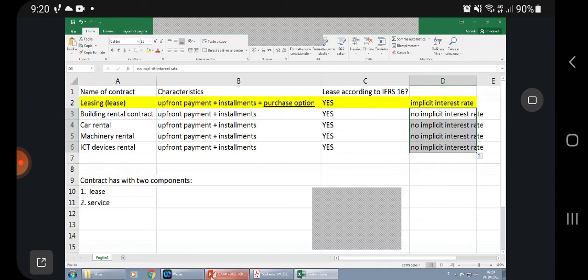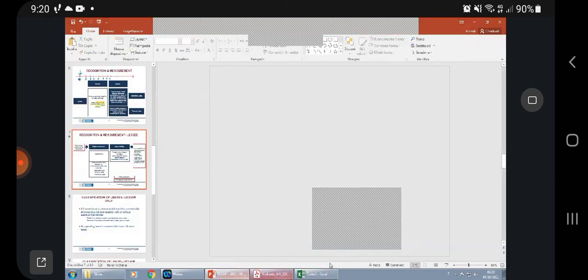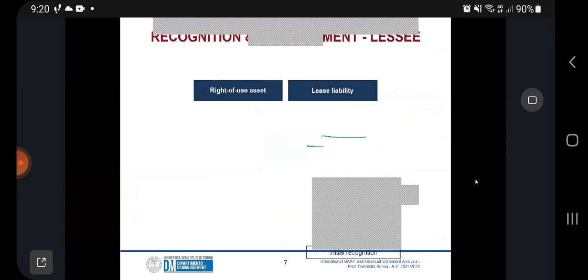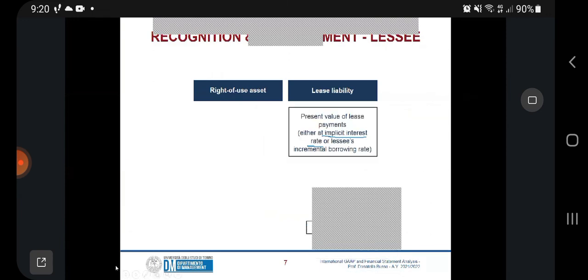But if we need to compute a present value, we need an interest rate. Okay? And if we need an interest rate and the implicit interest rate is not present, we need to estimate an interest rate.